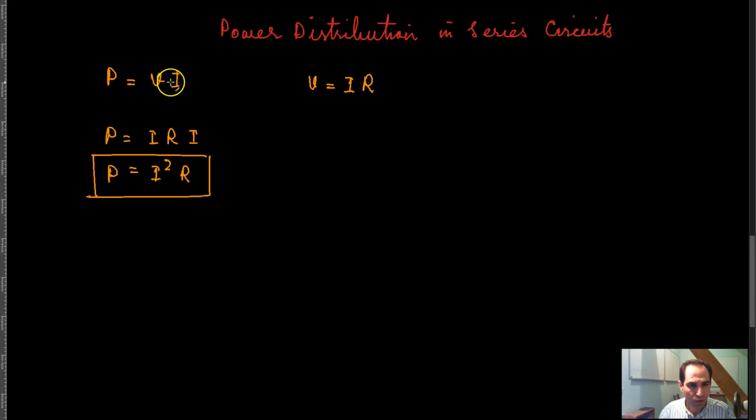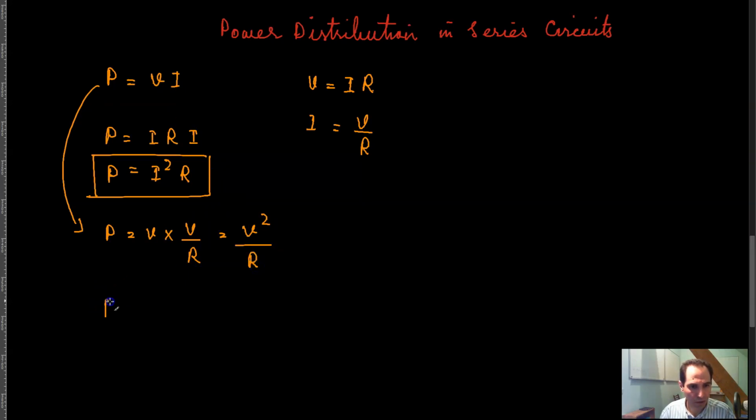Or since I in this formula is V divided by R, you can write P is equal to V times I, which is V times V over R, that is V squared over R. So P is equal to V squared over R is another way to calculate power.